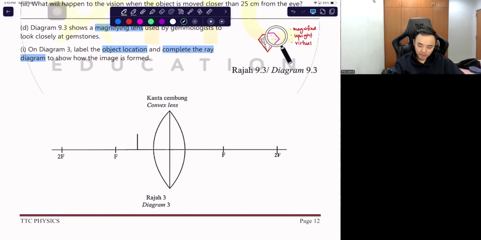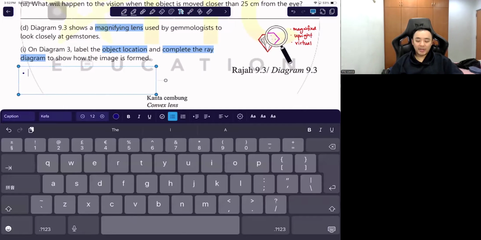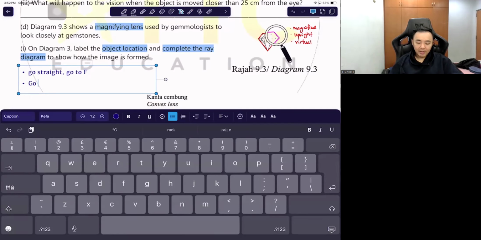Okay, how do we draw this? I give you a simple trick. This one you write down. Every time when you draw a convex lens, remember this drawing method. Number one, you go straight and then you go to F. Now, why do we go to F? It's because convex lens is a converging lens. Second, you go through the center of the lens.